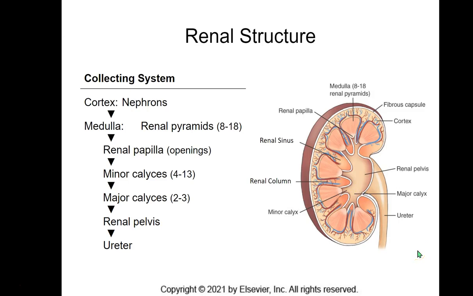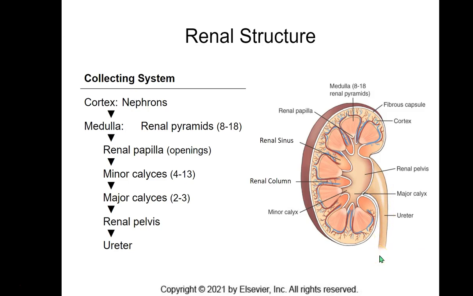The major calyces unite to form the renal pelvis, and that is this area here. The renal pelvis appears in the shape of a larger flattened funnel. So each expanded renal pelvis narrows and continues as a ureter.